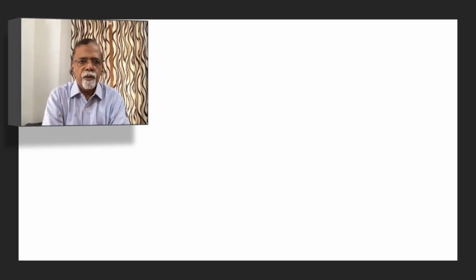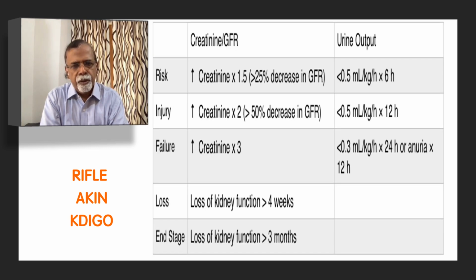The earlier one was the RIFLE criteria. RIFLE stands for risk, injury, failure, loss, and end stage. But now it is found that even without development of renal failure, some injury occurring to the kidney can have significant effect on morbidity and mortality.